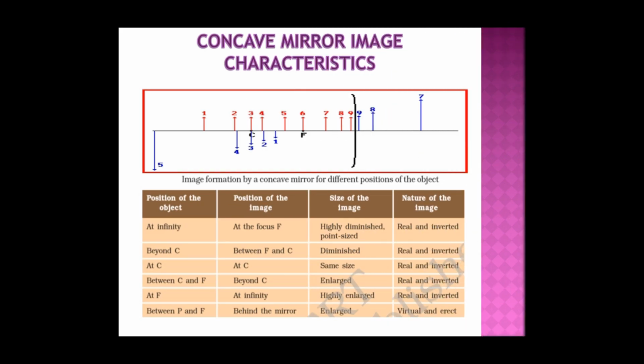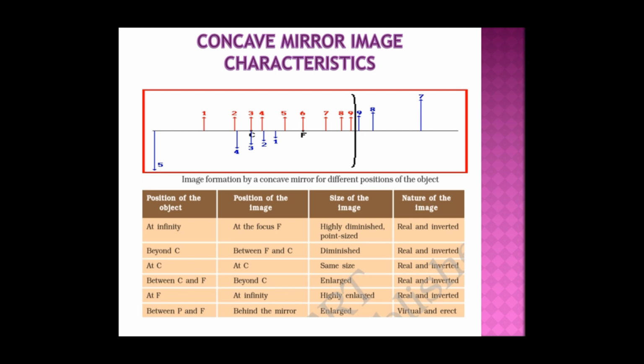The next one, the concave mirror image characteristics. In a concave mirror, it's somewhat complicated since it is a converging mirror. So I am using the numbers 1 to 9, and the blue colors will be the image. You have 1, 2, 3, 4, 5, 6, 7, 8, 9, objects located at different positions.